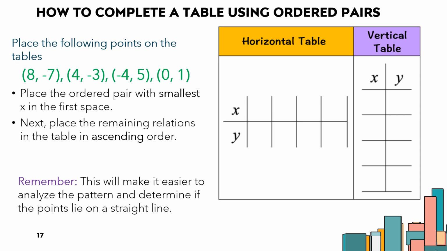Also remember, we use tables to make it easier to analyze patterns and determine if points lie on the straight line. So our first point, -4, -5, well, that's in our x1, y1 spot. So we call this x1, y1.